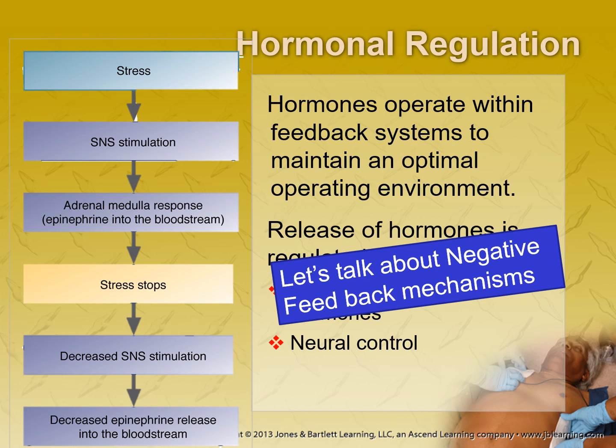We've talked a little bit about positive feedback mechanisms so far, which was the release of oxytocin during childbirth. But here we need to know that we have negative feedback mechanisms for the amount of CO2 in our system, which causes our respiratory rate to go up and down.